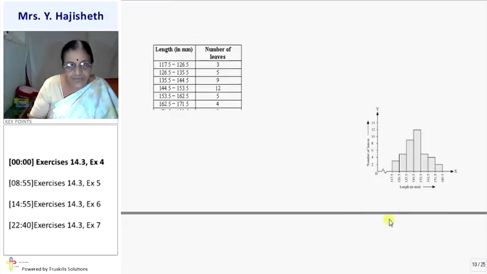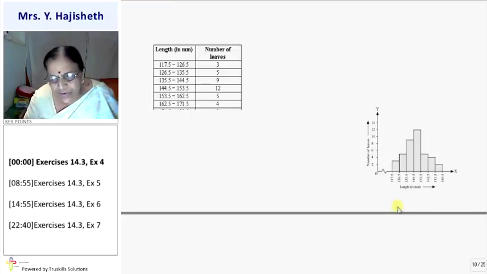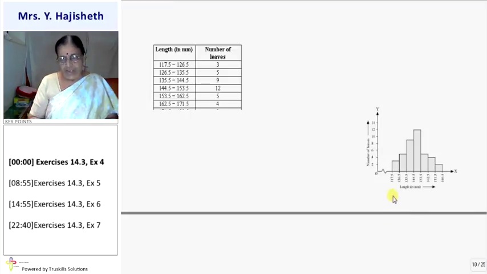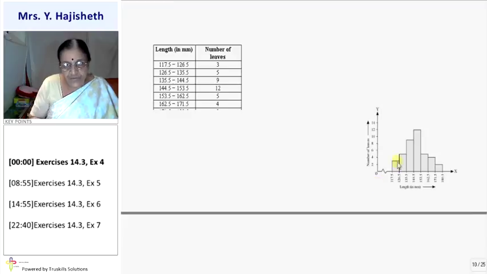So I start my first length from 117.5. My scale starts from 117.5, so I kept a gap here. Here I have written 0 and here I have written 117.5. So this gap shows that my scale starts from 117.5.